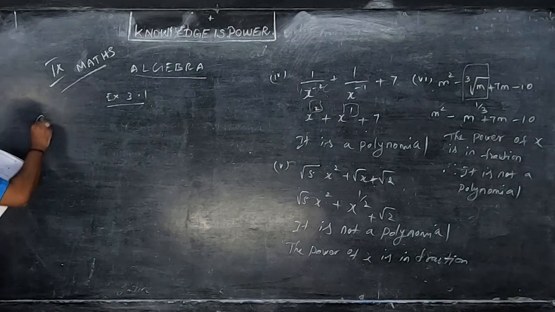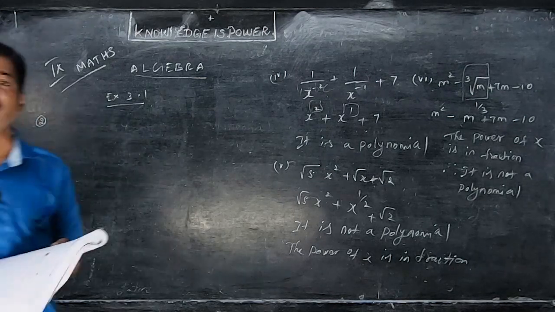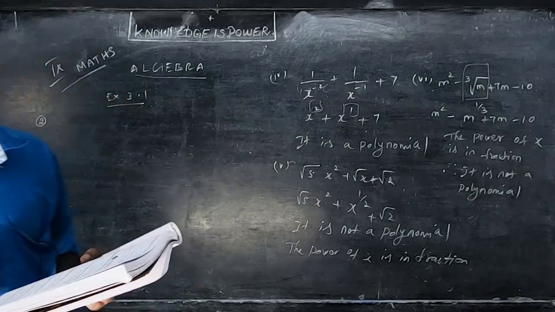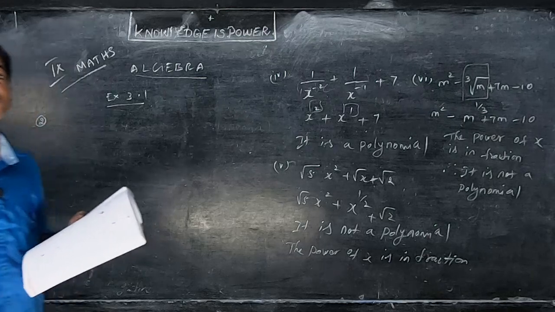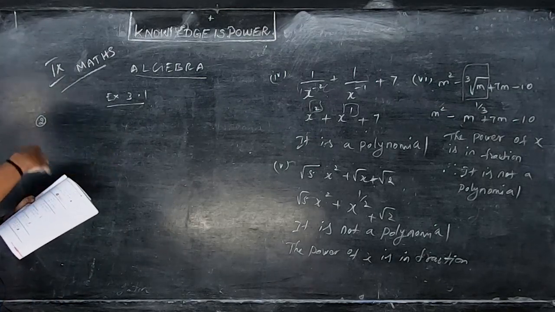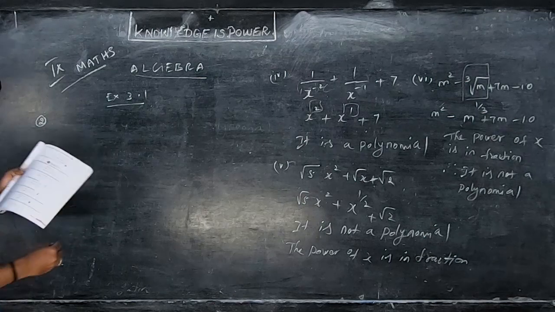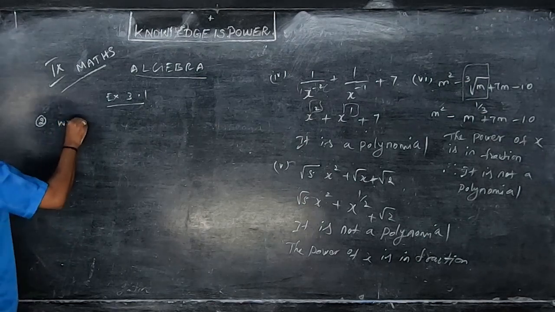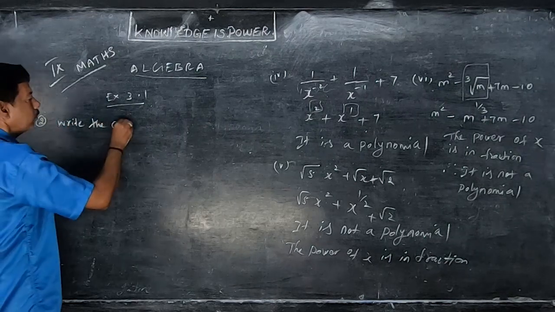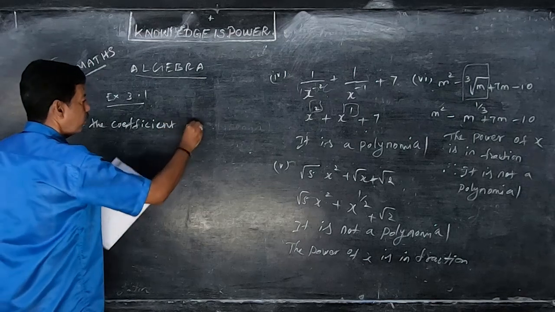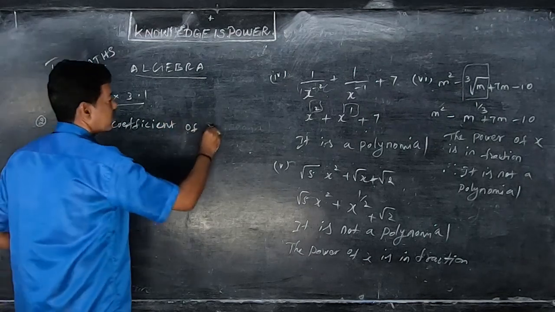Question number 2: write the coefficient of x square and x in each of the following polynomials. In the beginning itself I told how we have to write the coefficient: the term which is in front of the term they asked. Write the coefficient of x square and x.